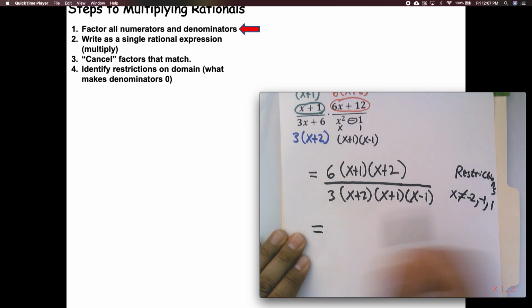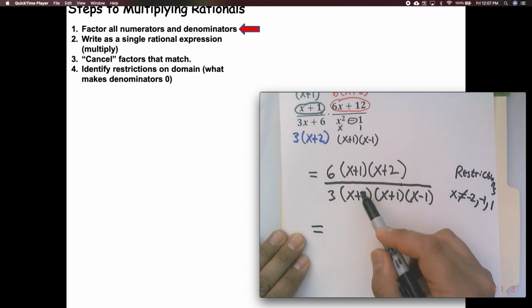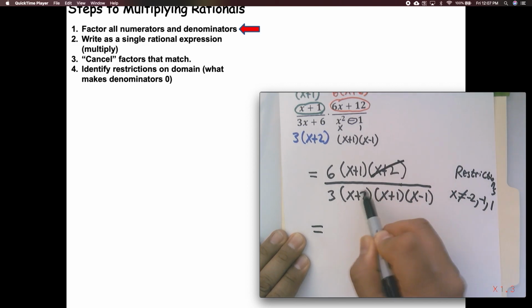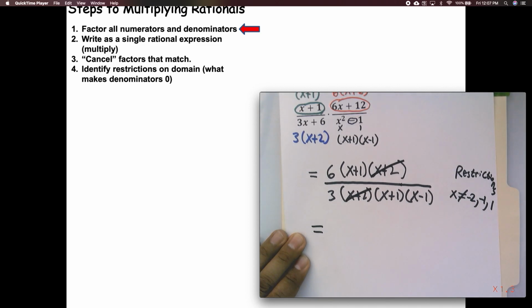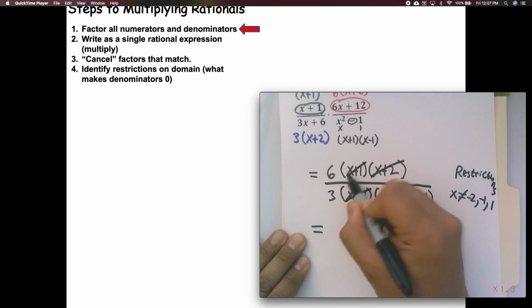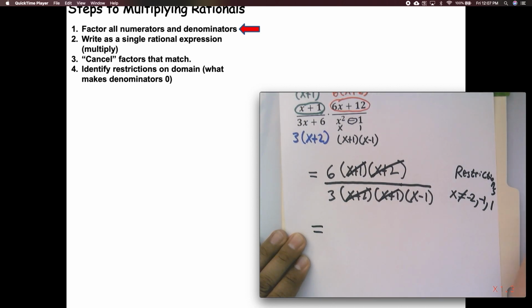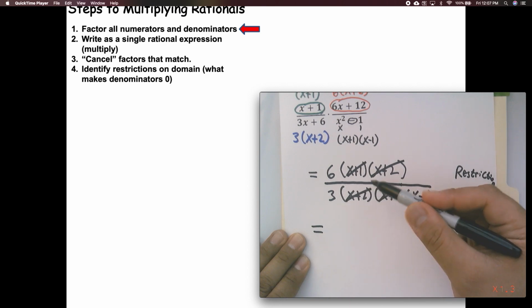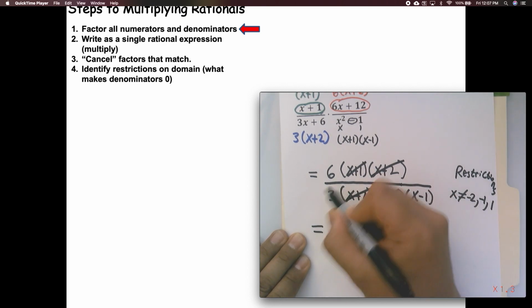All right, so if we're looking at this, figure out what matches up. So I see my x plus 2's. Those make a 1, so they're gone. x plus 1 is a 1, so that's gone. And that's it. Nothing else really matches up. Now, if you want to, you can go ahead and simplify this part too.